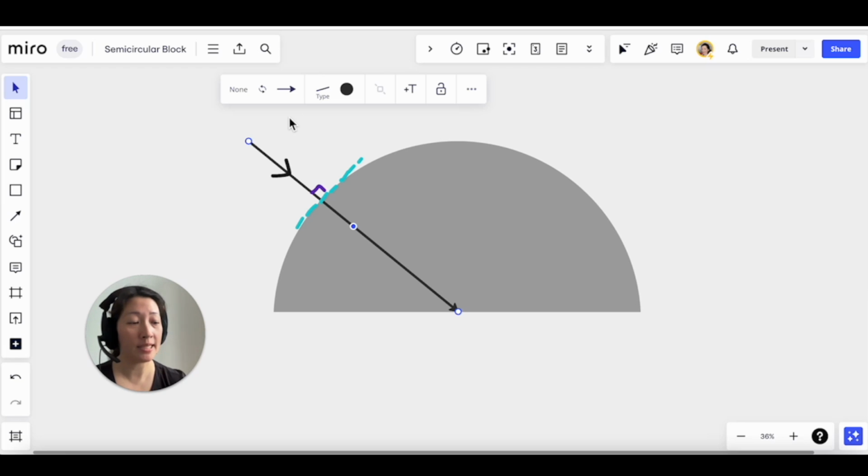That means in this case, the incident angle would be 0, and therefore the refracted angle will also be 0 degrees. As such, you will find that at this point, the light ray traveling from air into the glass block will travel in a straight line all the way through to the other edge. So this only works, however, when you aim the light ray towards the center of the semicircle.